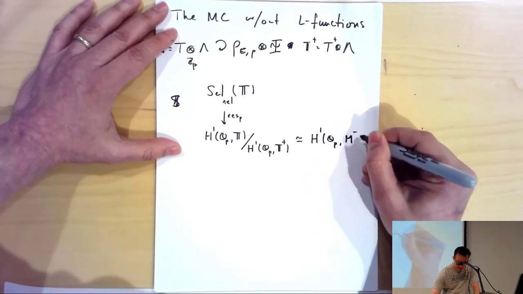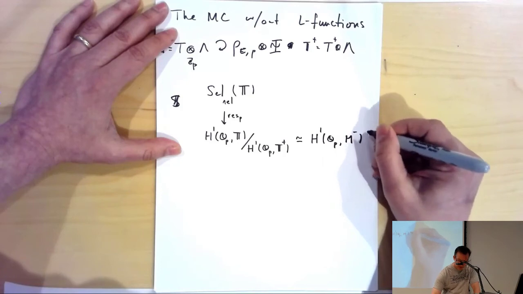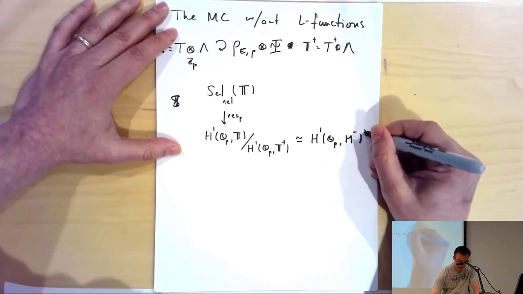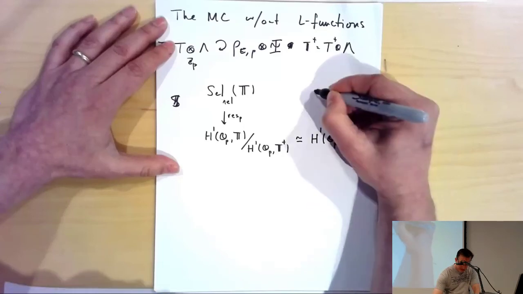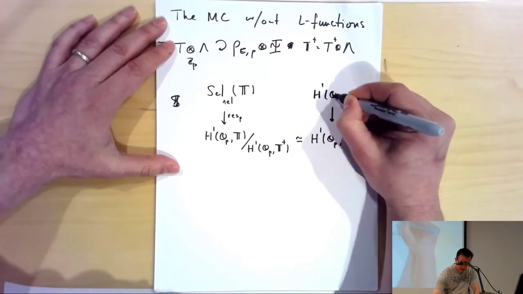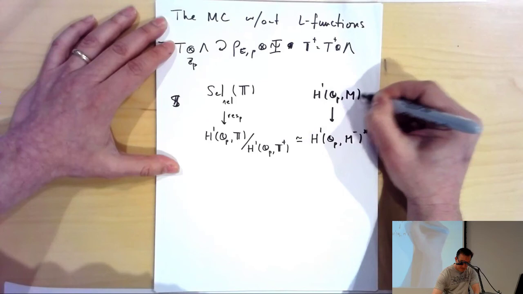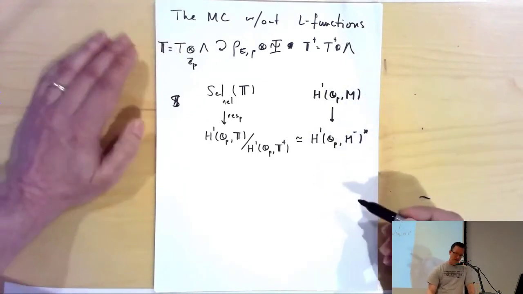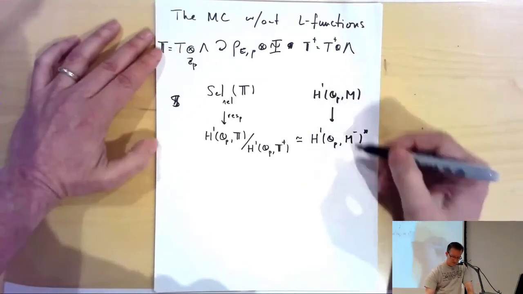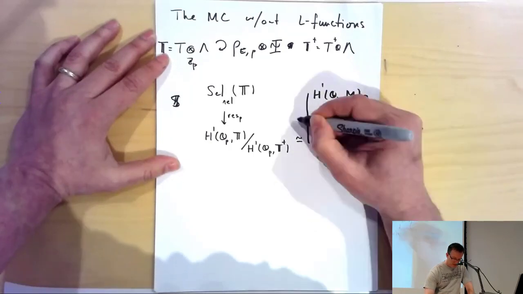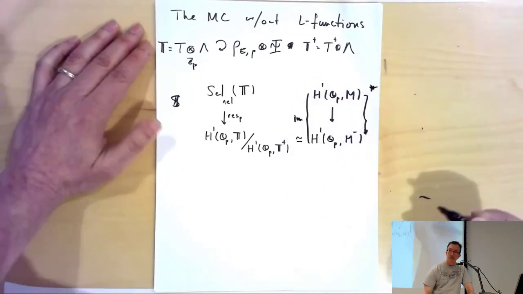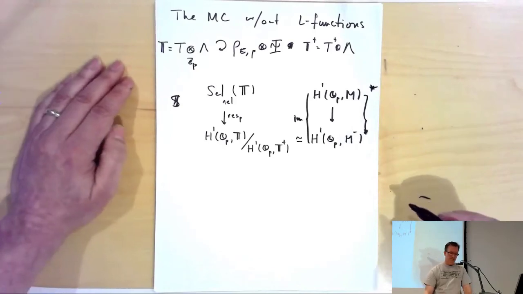So I'd like to say that it's dual to the dual of this, the Pontryagin dual of that by Tate duality. It's actually dual to the image of H^1 of Q_p of M inside there, the dual of the image. So we'd actually write this image and put the dual up there. Okay, that doesn't look so nice.